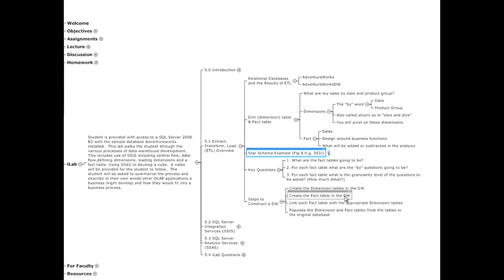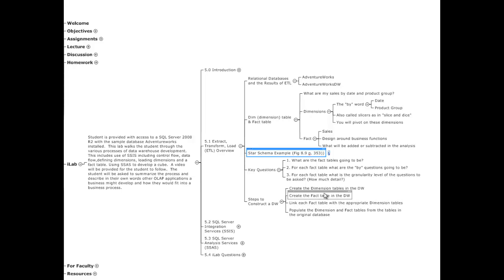We've got to create the fact tables themselves in the data warehouse. Then for each fact table, we've got to link and make a relationship with the various dimension tables. And finally, we've got to go into the original database itself, in our particular case AdventureWorks, pull out all the relevant information from each table and put it in the right spot in the dimension and fact tables. So we have to populate these tables.